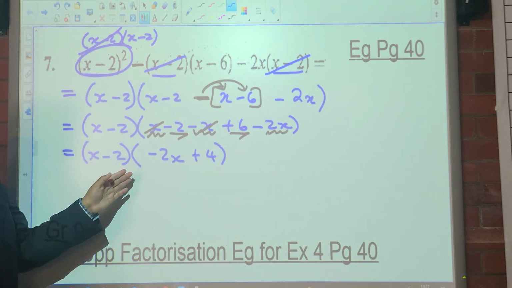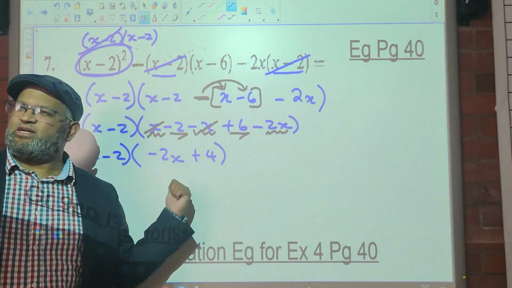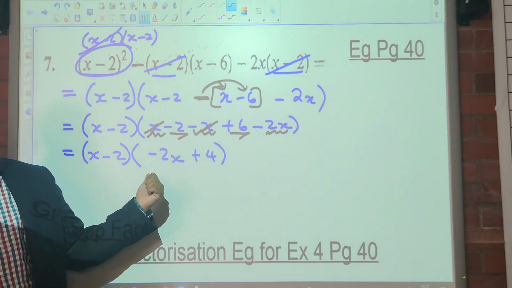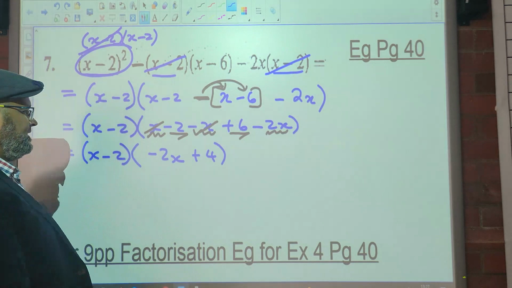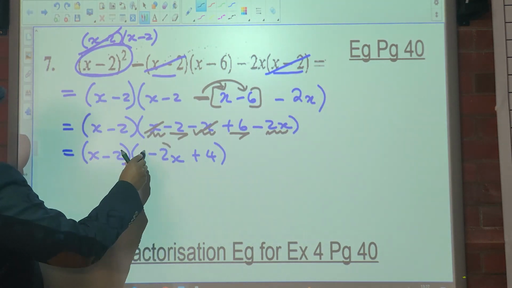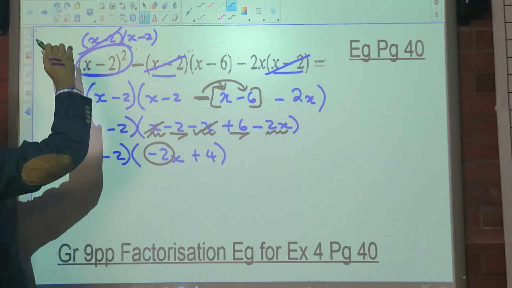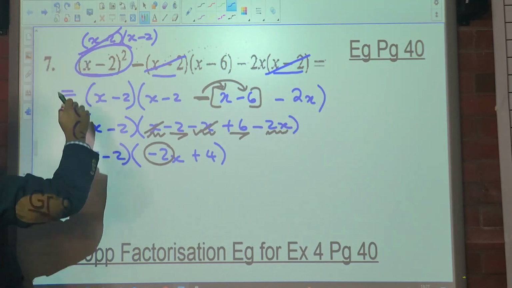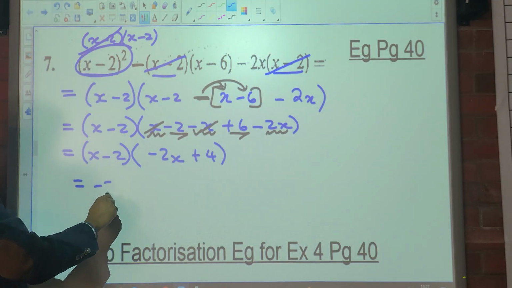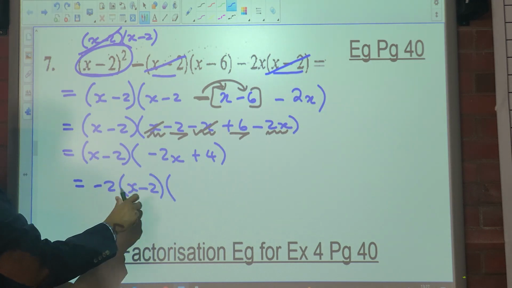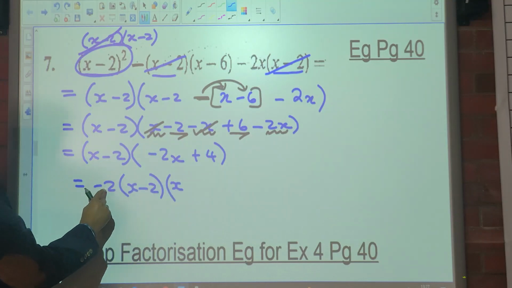Even if there are 100 terms and only the first term is negative, you must factorize the negative. So we're taking out negative 2 as a common factor. There's negative 2 into negative 2x divided by negative 2 is x, and 4 divided by negative 2 is.